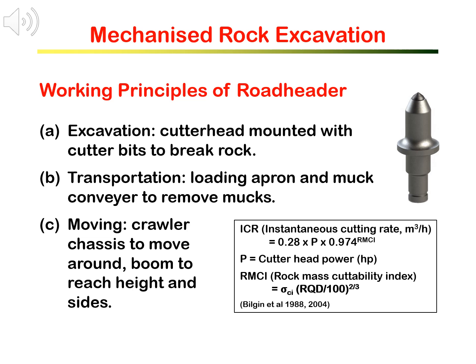Muck removing and transportation is done with a loading apron and the muck conveyor behind. Roadheader does not do rock support. Support will be done separately by bolting machines and shotcreting.